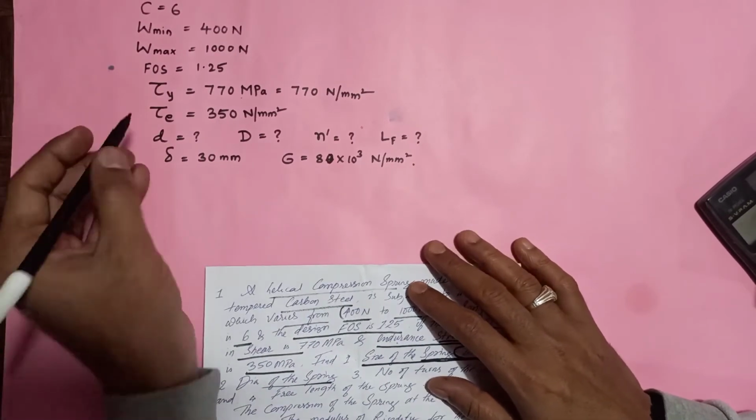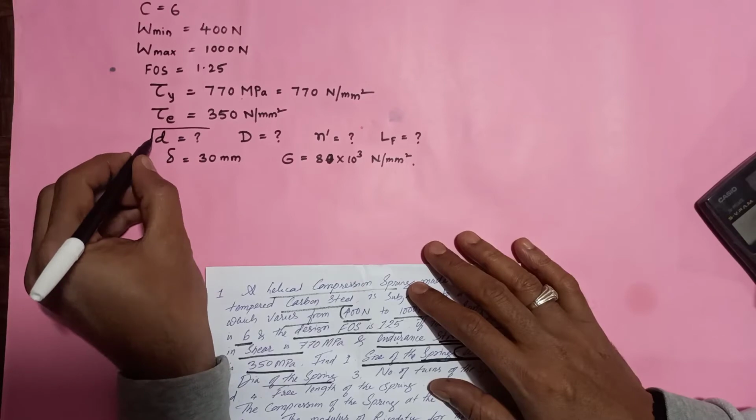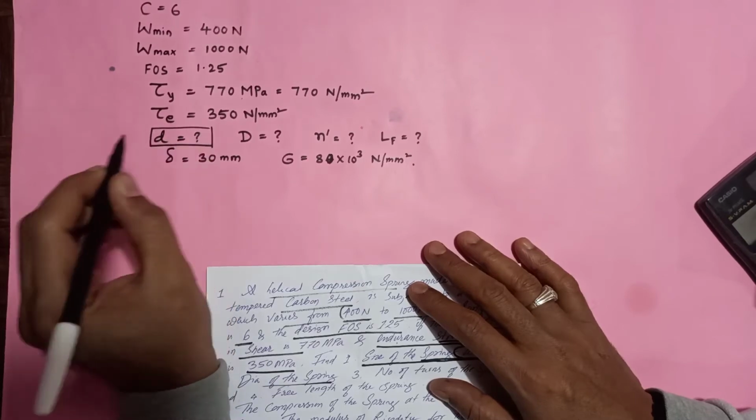Here, first you need to calculate the diameter of the spring wire.